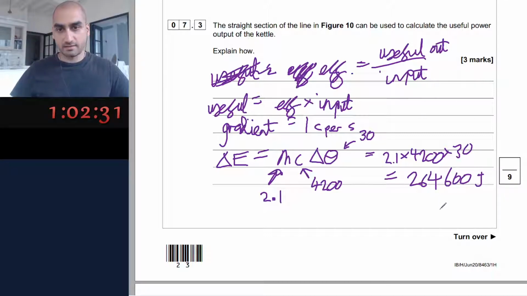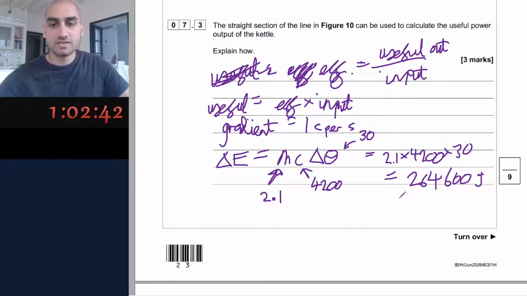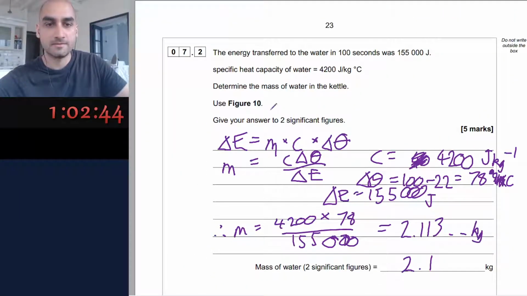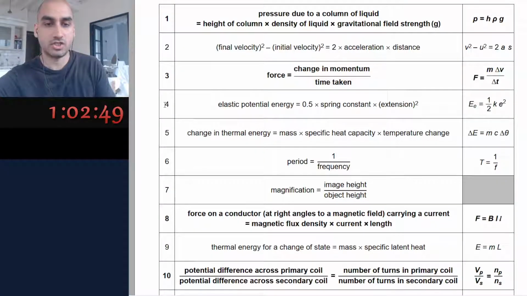Joules. So that is the... I don't understand. What does that give us? That tells us the energy transferred to the water, change in thermal energy.